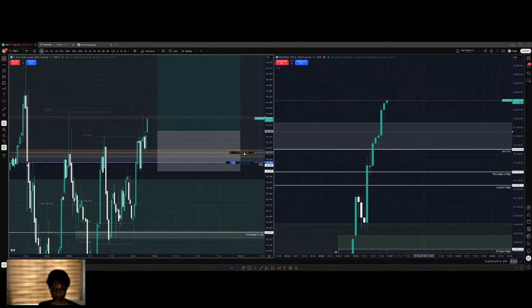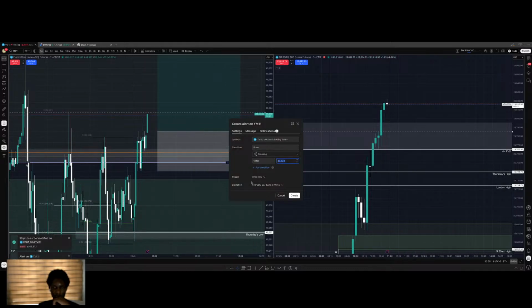Moving my stop here now. I want to see if we take this high out, how we react.